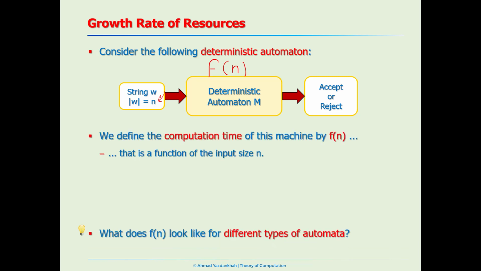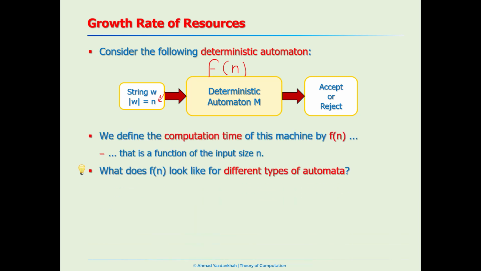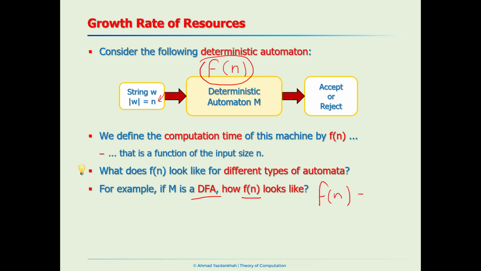Let me ask this smart question to make sure that you understand what this f of n is. So how does it look for different types of machines? For example, if this deterministic automaton is a DFA, how does this f of n look? If you said it's linear, yeah, you are right. f of n is equal to n, which is a linear relationship.